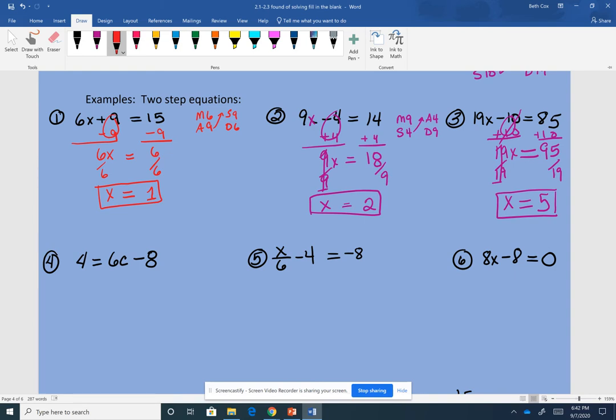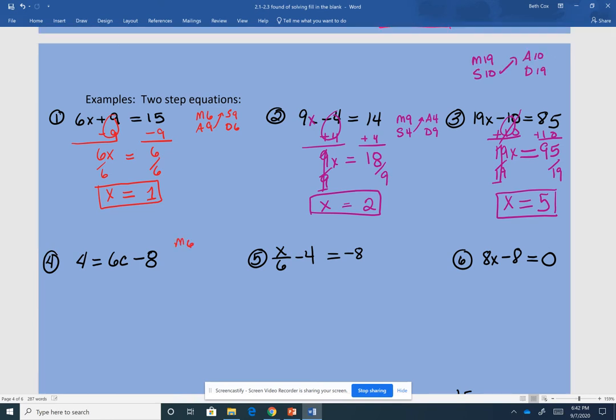Okay? So the first one, c is my variable, and c was multiplied by 6, and then 8 was subtracted. So to reverse that in reverse order, I need to add 8 and then divide by 6. So we'll add 8. What I do to one side, I also need to do to the other side because it is an equation.